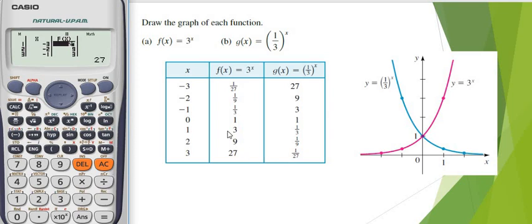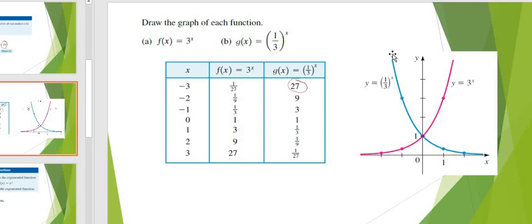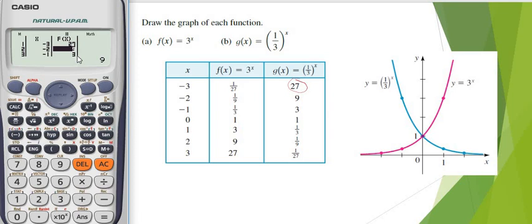So for when x equals -3, it would be 27. Next is 9. Next is 3. Then 1. When x is equal to 1, it is 1/3.